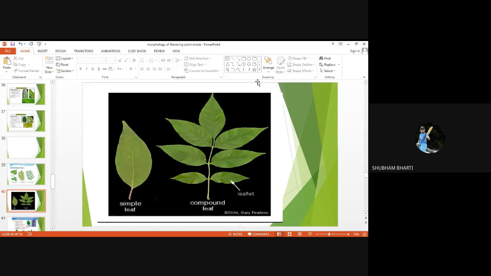A compound leaf is one in which the leaf blade or lamina is divided into segments. A simple leaf means only one leaf, and a compound leaf means segmented. The lamina is divided into a number of segments, 1, 2, 3, any number, and that we call a compound leaf.